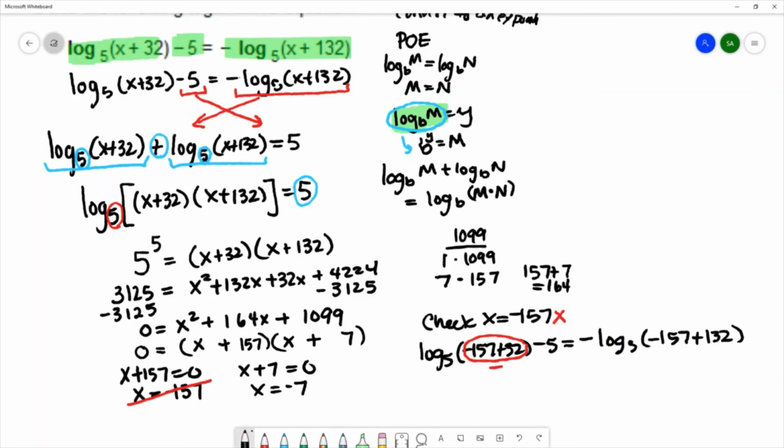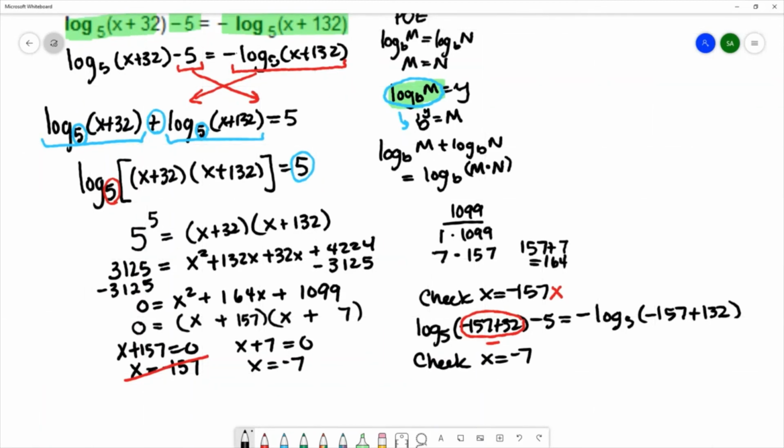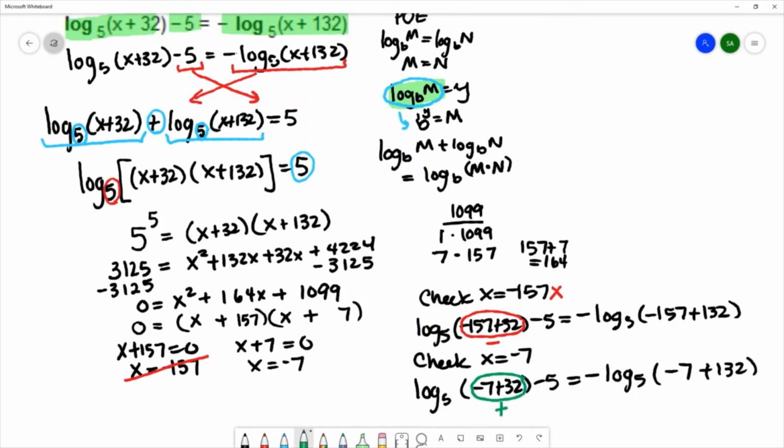Then we're going to check the other one, our proposed solution of x equals negative 7. And we would have log base 5 of (negative 7 plus 32) minus 5 equals negative log base 5 of (negative 7 plus 132). And looking at negative 7 plus 32, that's a positive.